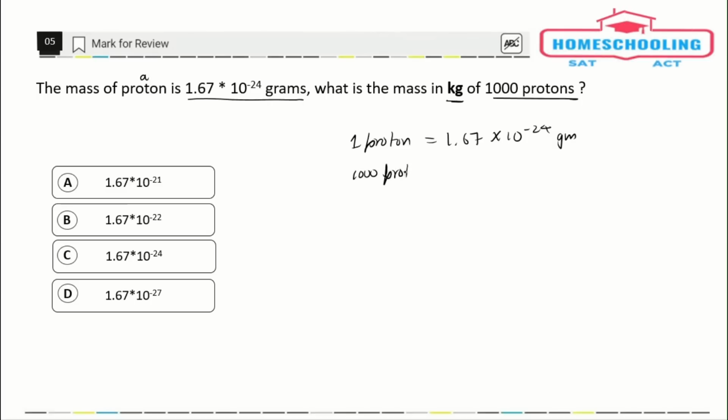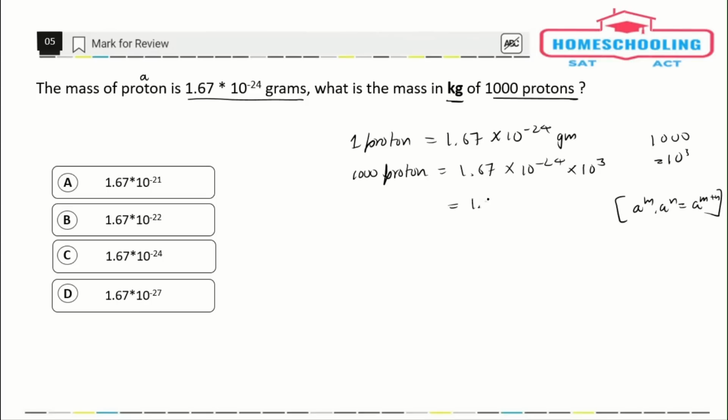We'll multiply, so 1000 protons would be 1.67 into 10 to the power minus 24, and because we will multiply it by 1000, and 1000 can also be written as 10 to the power 3, we'll write it as 10 to the power 3. We know that a to the power m into a to the power n is equal to a to the power m plus n. This is our exponent formula.